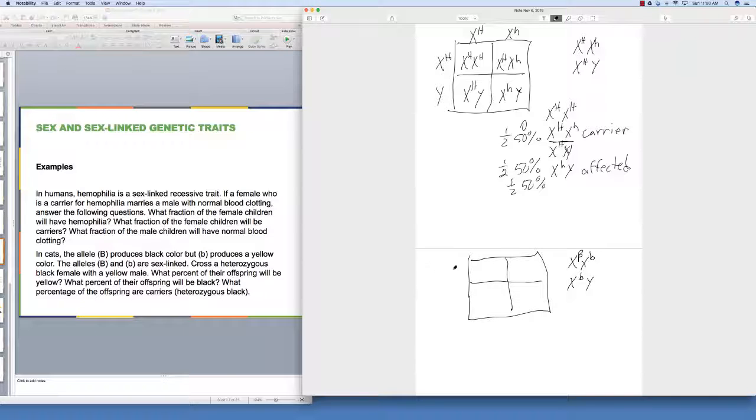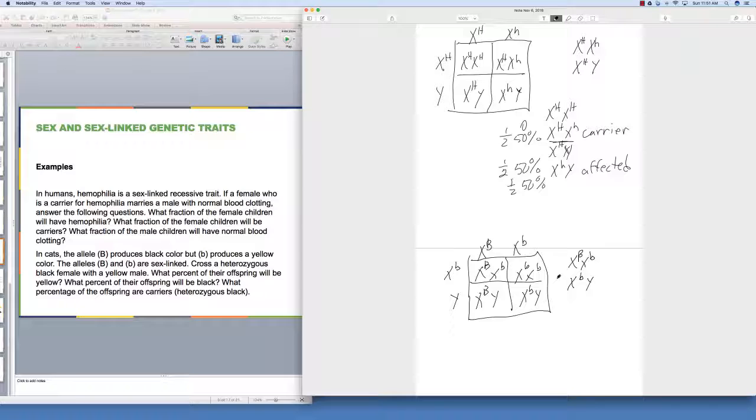So let's put the male over here and the female up here. So you end up with a female that has a big B and a little b, a female that has a little b and a little b, a male that has a big B and a Y, and a male that has a little b and a Y.